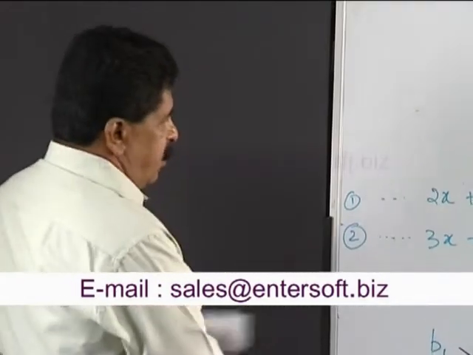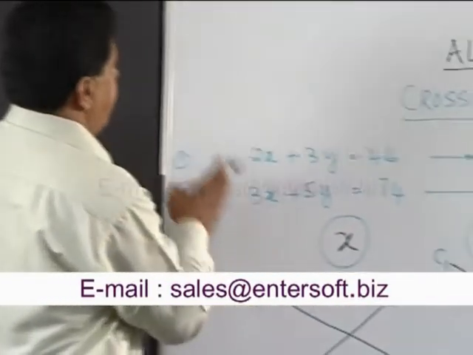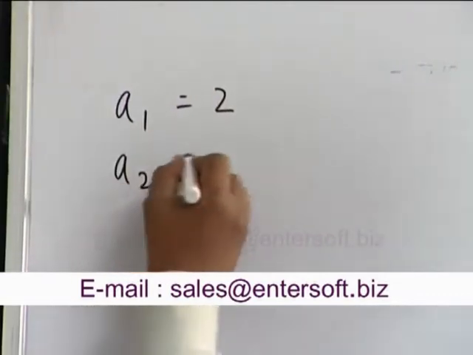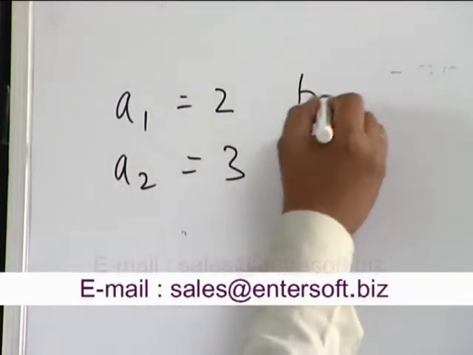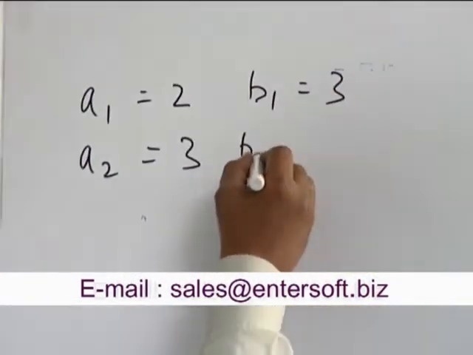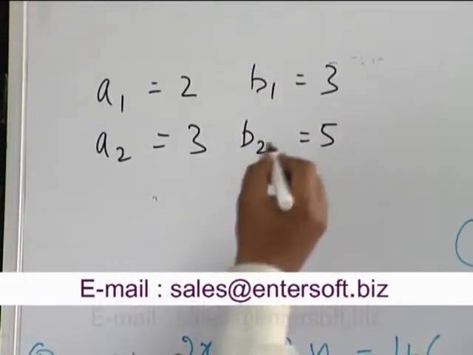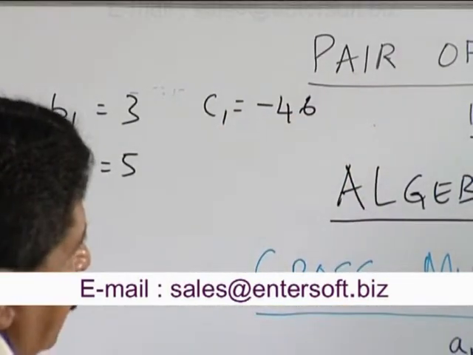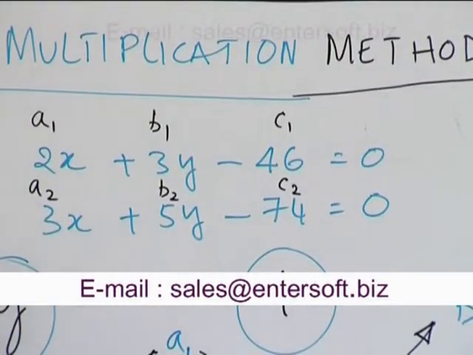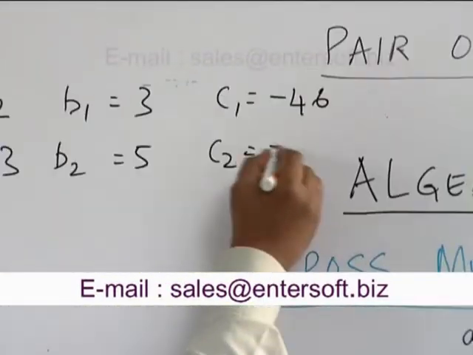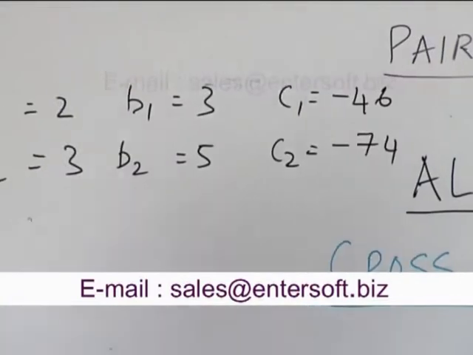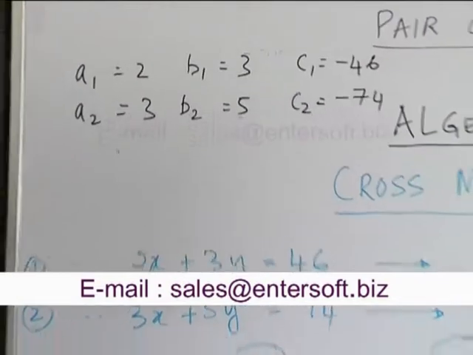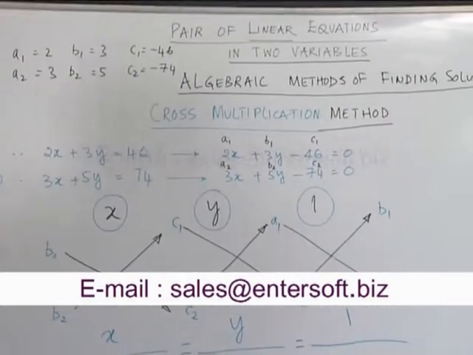So in this case, if you take this problem, I have got A1 is equal to 2, A2 is equal to 3, B1 is equal to 3, B2 is equal to 5, C1 is equal to minus 46, please refer here, C1 is equal to minus 46, don't write this, and C2 is equal to minus 74, right. So I will substitute the values and find out the solution.